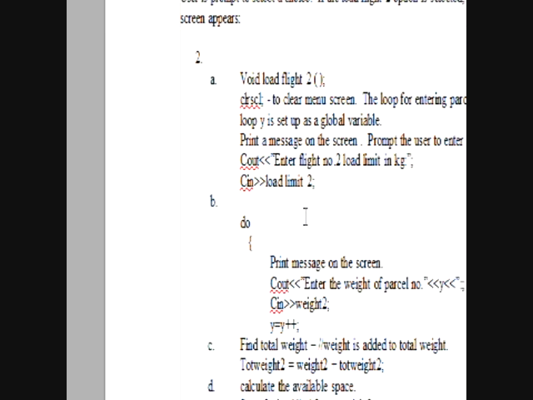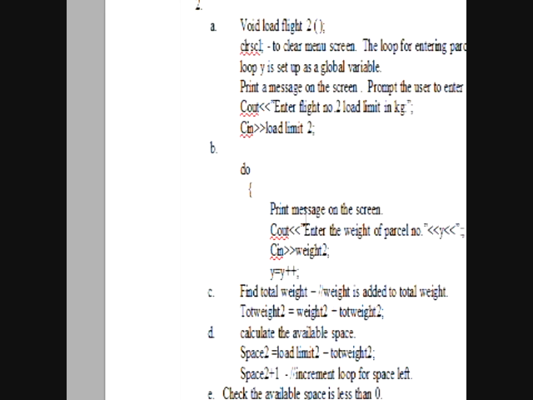So it's exactly the same way as flight number 1.